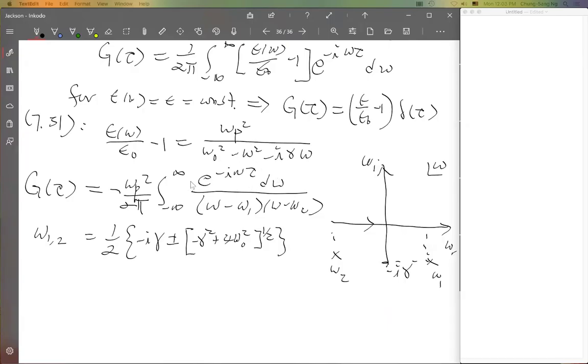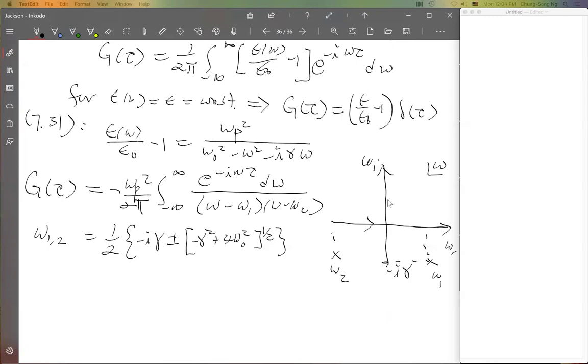That depends on whether this exponential function will be infinitely small or infinitely large, which depends on whether the real part of this argument is positive or negative. If it's positive, then it will be very large, then you cannot close that. So you need it to be negative.